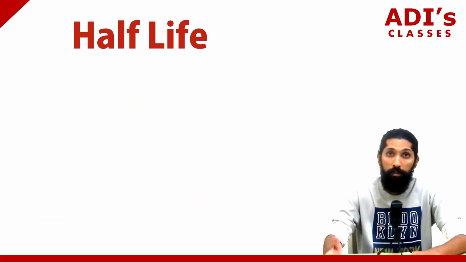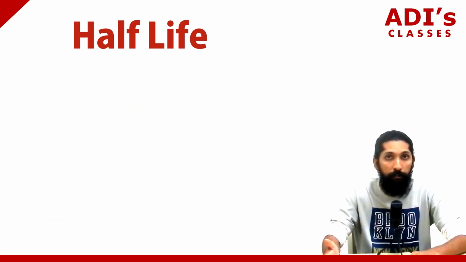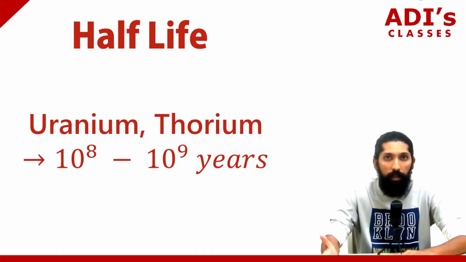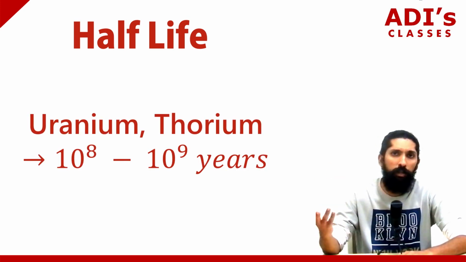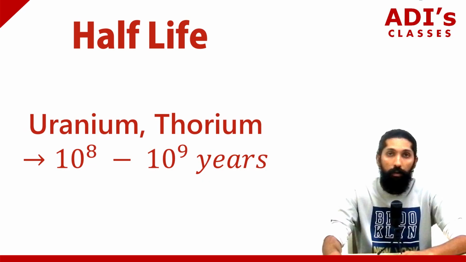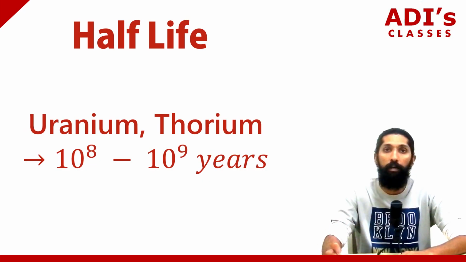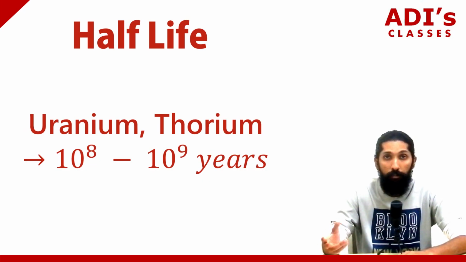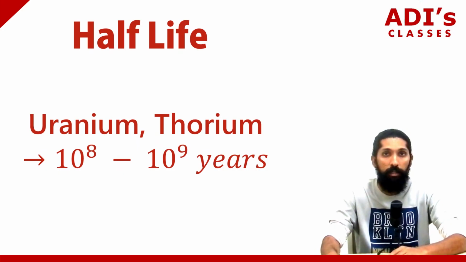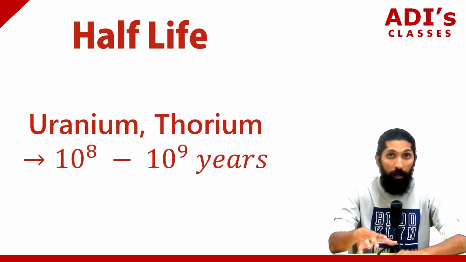Like uranium is close to 10 to the power of 9 years. This is the half-life. 10 power 9, it's very, very long, isn't it? It's almost close to the age of Earth. Now, there are certain radioactive elements with half-lives of less than nanoseconds, like picoseconds. 10 power minus 12 seconds is the half-life.